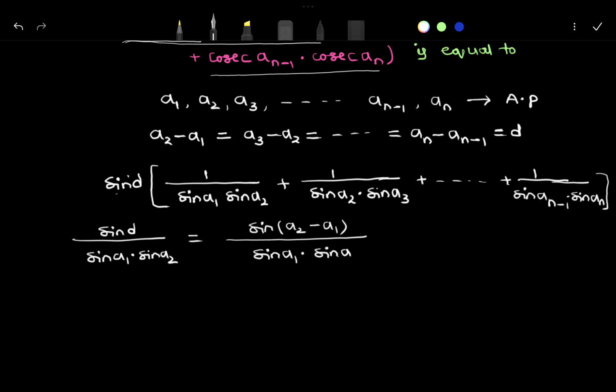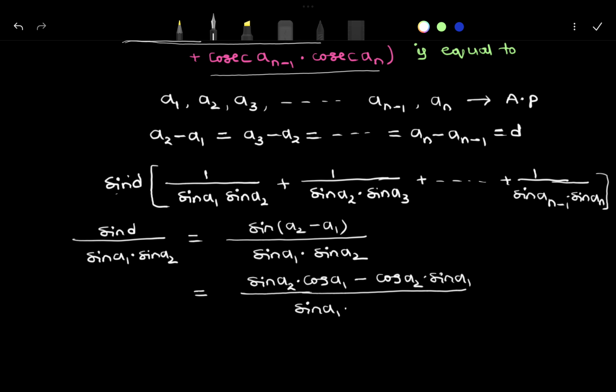Now the numerator is in the form sin of a minus b, which is sin a cos b minus cos a sin b. So we can write it as sin a2 cos a1 minus cos a2 sin a1, divided by sin a1 into sin a2.